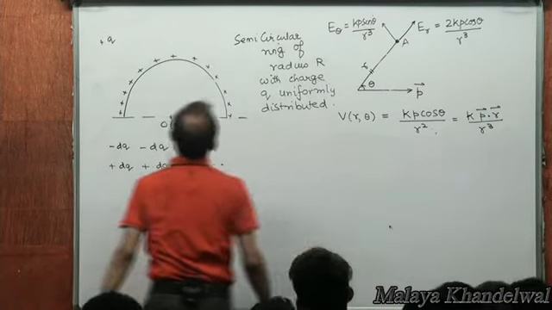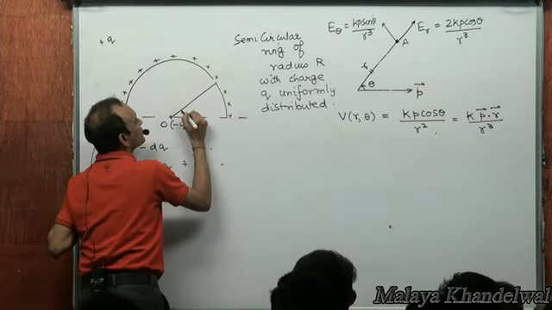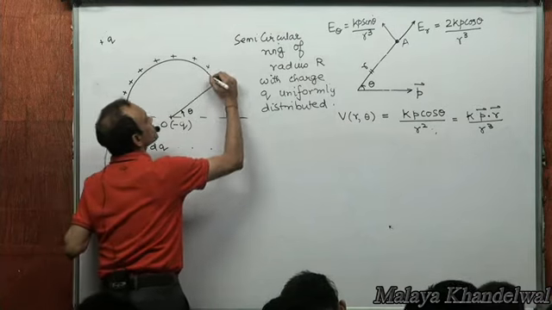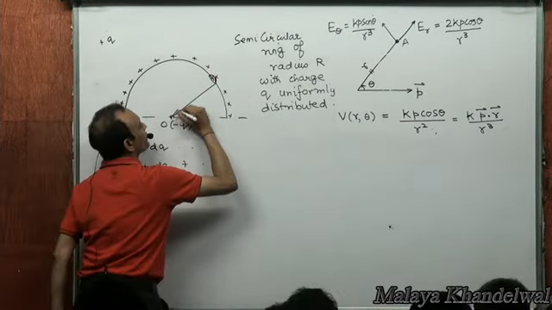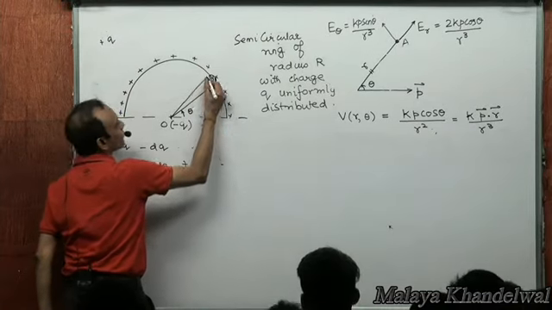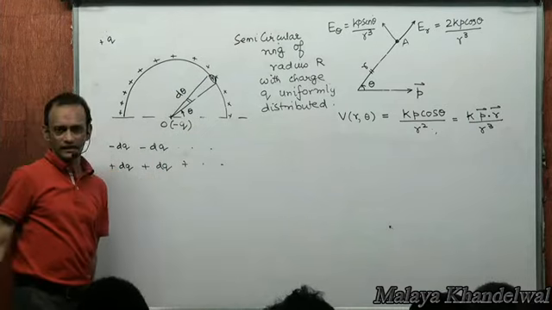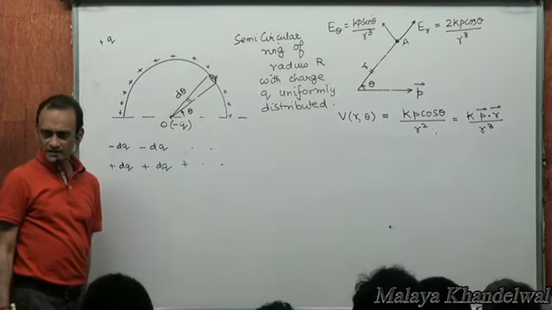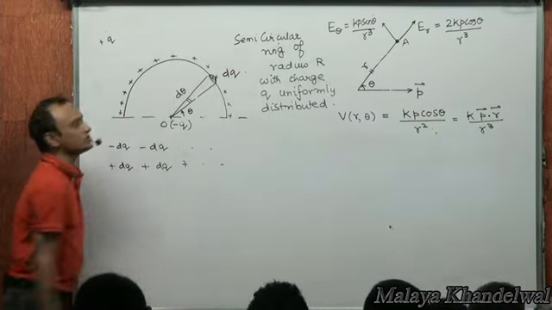So what I do is, at an angle theta, I take a small portion of the ring which subtends an angle d theta at the center. And this houses a charge dq.